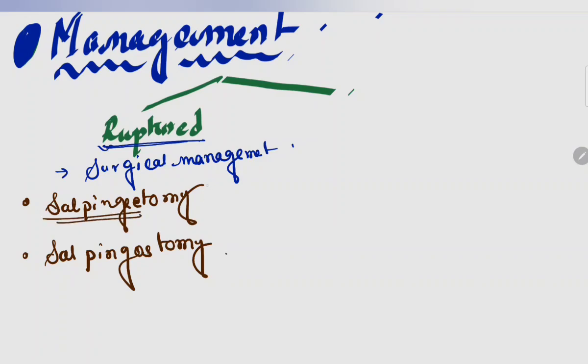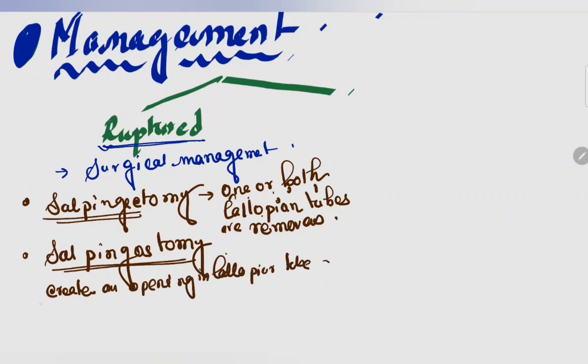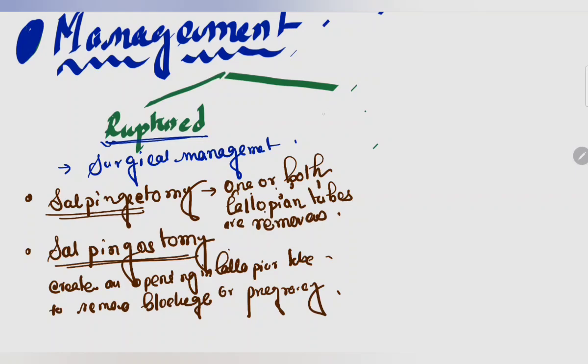What is salpingectomy? In salpingectomy, one or both fallopian tubes are removed. But in salpingostomy, an opening is created in the fallopian tube to remove the blockage or pregnancy.